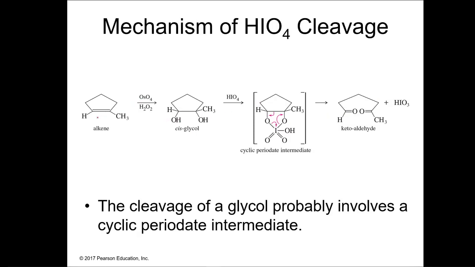Okay, so if you have this glycol, basically what happens is the iodine comes in, forms a bond with both of them, and it ends up rearranging such that you break a carbon-carbon bond to form ketones or aldehydes on either side.